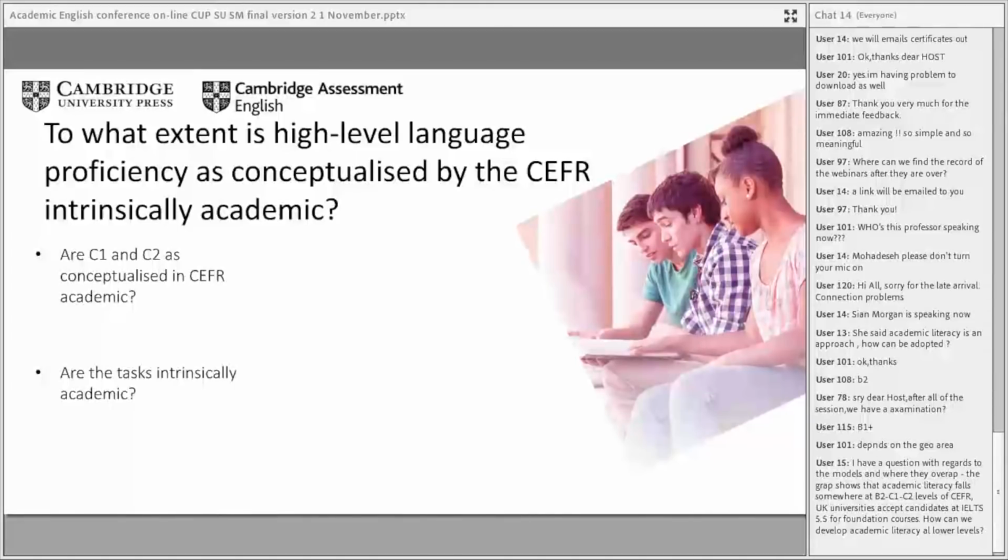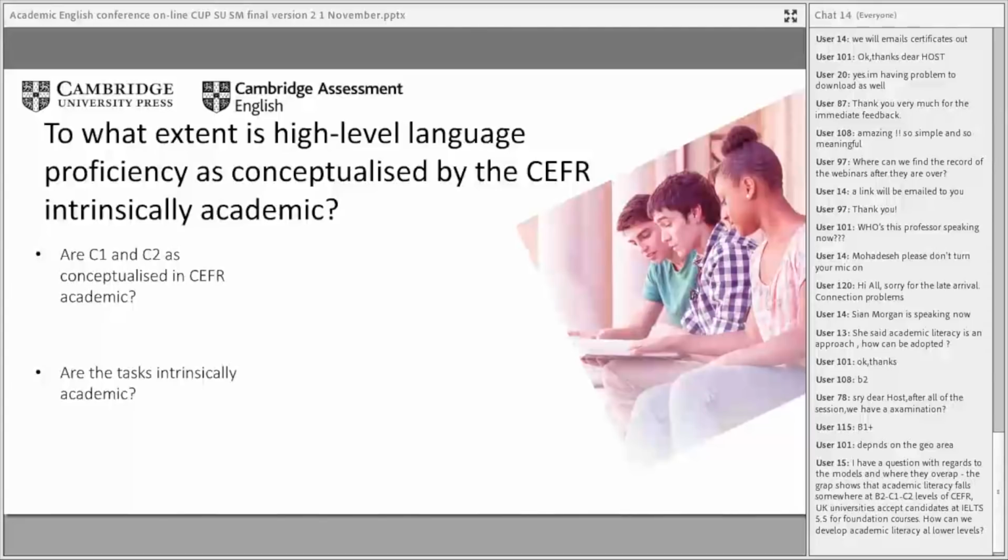So we would argue that a high level of language proficiency is intrinsically academic. If we look at the CEFR can-do statements describing C1 and C2, we can see that the conceptualizations of GLP at higher levels do indeed have an academic component built into them. For example, I'm just reading these out to you.